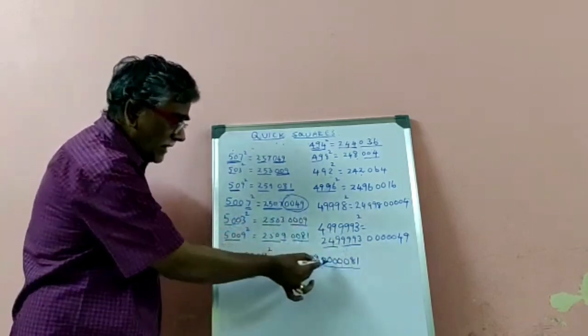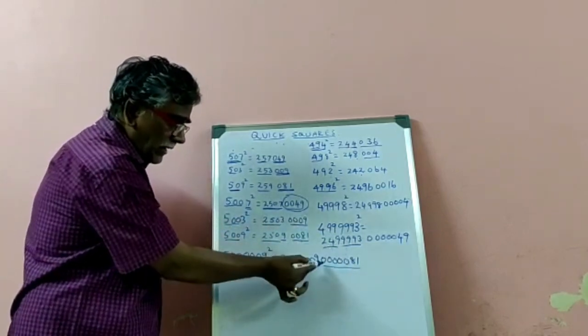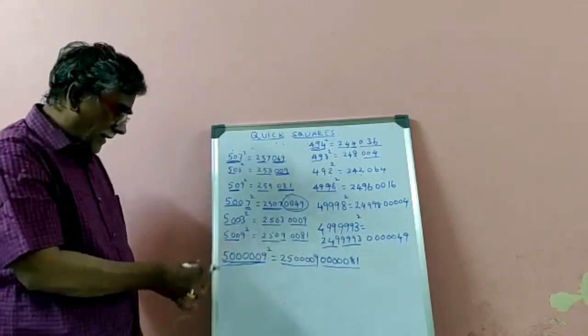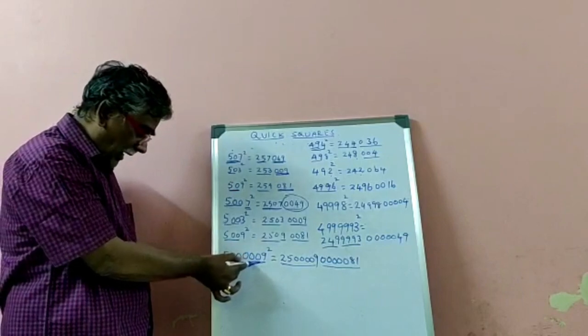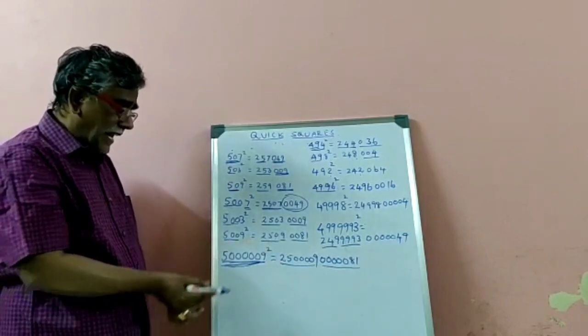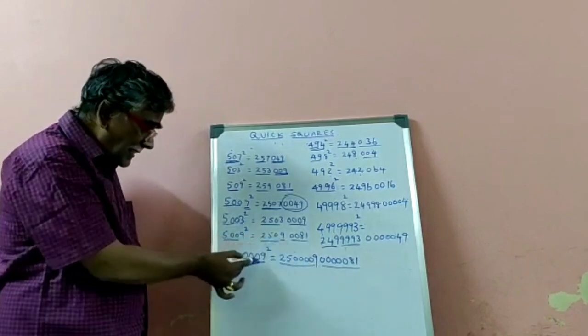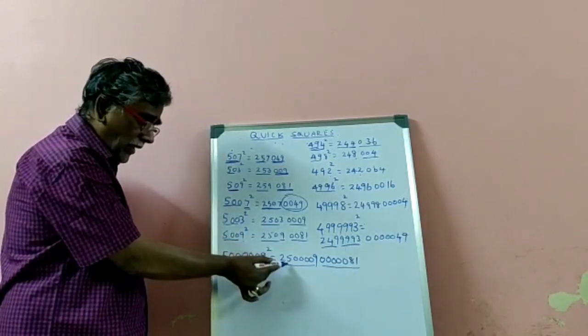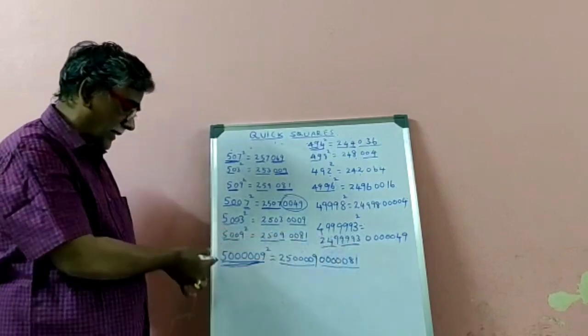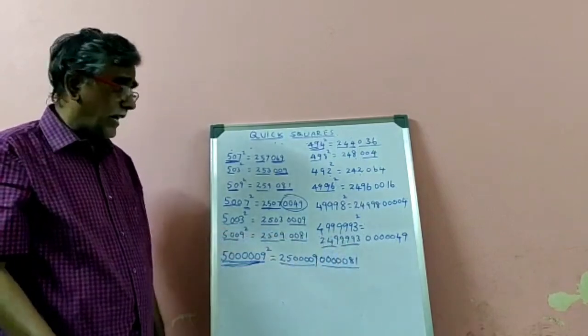So you have to put zeros on the left of 81. You get 0000081 as one part. And the other part is you divide 5 lakhs by 2. You get 2,50,000 and then you take this 9 as it is. So you get 2500009 and then 0000081, which is nothing but the square of 50 lakhs 9.